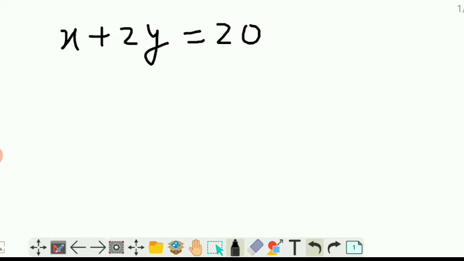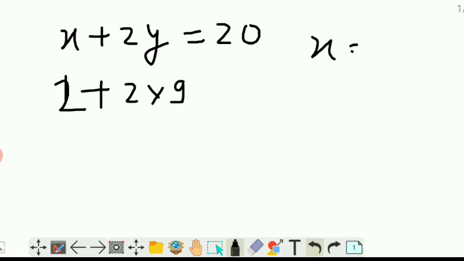It may be possible x = 2 and y = 9, because 2 times 9 is 18, plus 2 is 20.